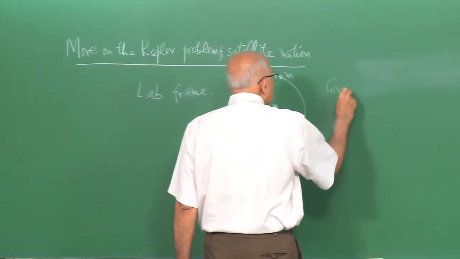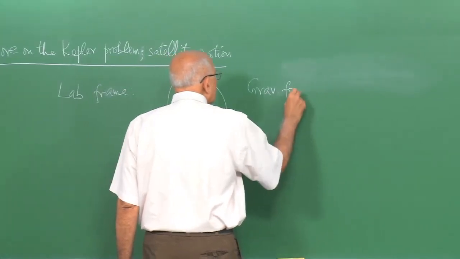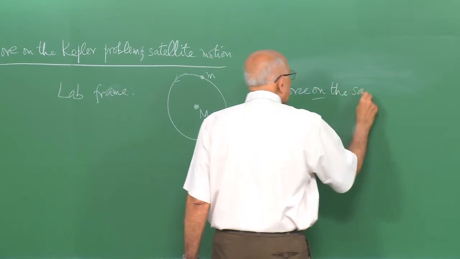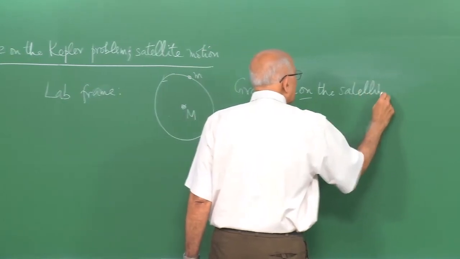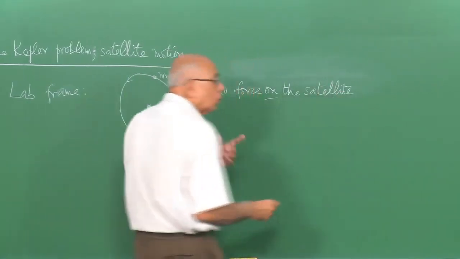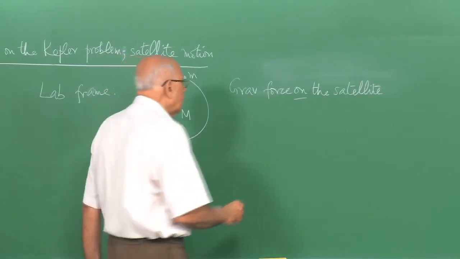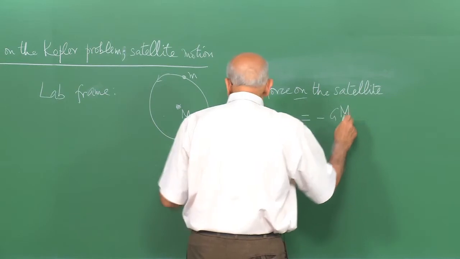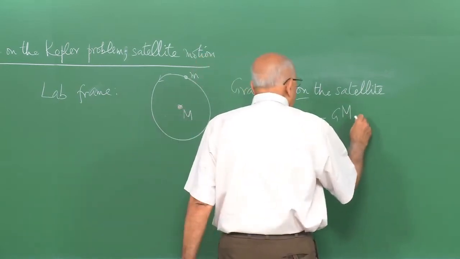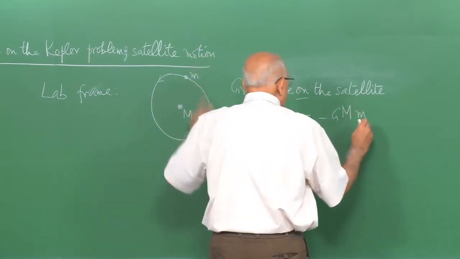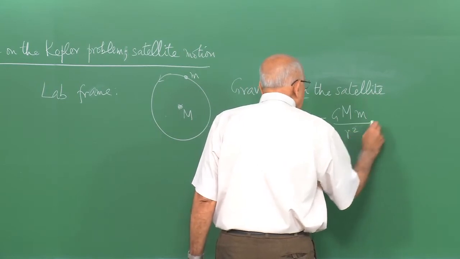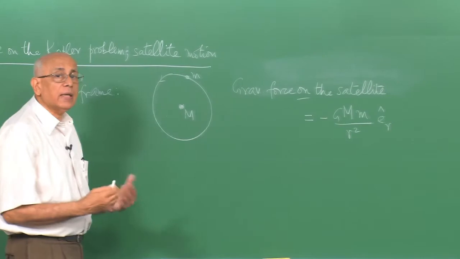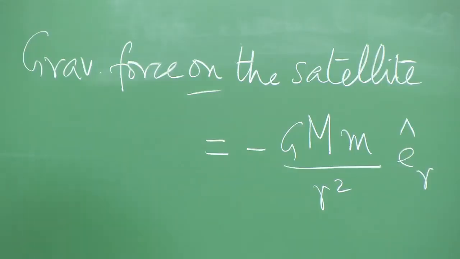So the gravitational force on the satellite due to the earth, the attracting body, is equal to minus G, the mass of the earth or the attracting body, times the mass of the satellite divided by the square of the distance between them, radially inwards. And that is a physical force, the gravitational force.